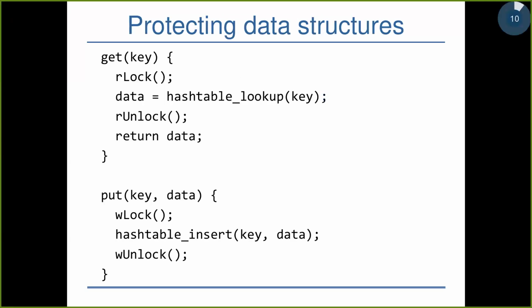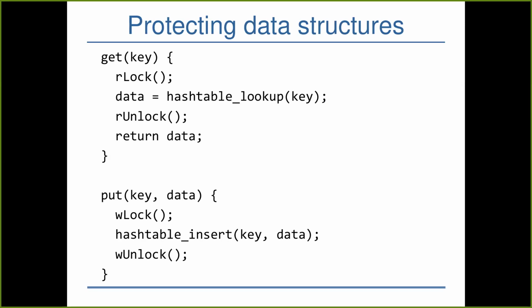So how do we protect data structures using a reader-writer lock? Now we have two kinds of locks: rlock and runlock for the reader side, and wlock and wunlock for the writer side. From the API perspective, if we want to do a lookup in a hash table, or maybe search in some linked list, it doesn't really matter, we will use reader lock and reader unlock.